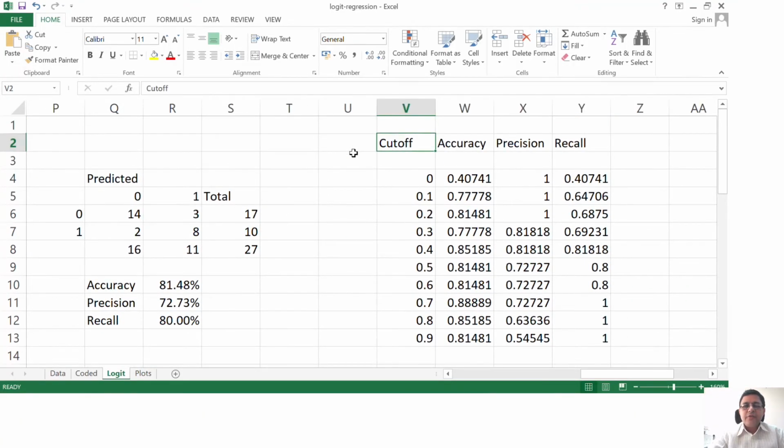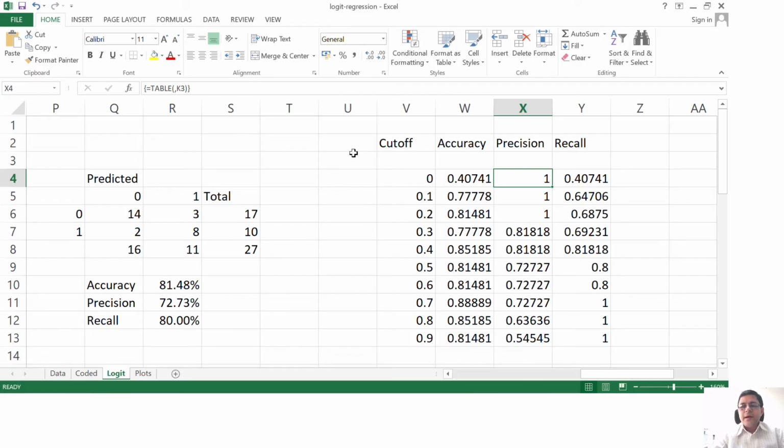So these are the various values of cutoff. Cutoff could be 0, 0.1, 0.2, 0.3, 0.4, 0.5 all the way to 0.9. And these are the various values of accuracy, precision and recall. Notice that precision and recall are moving in the opposite direction.